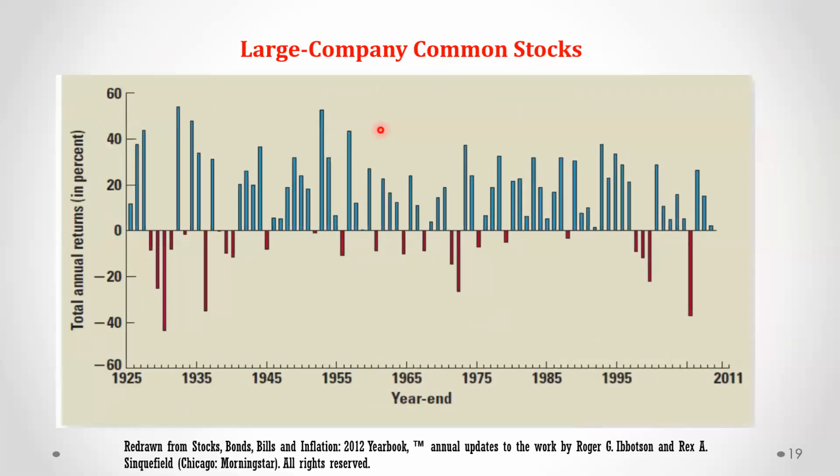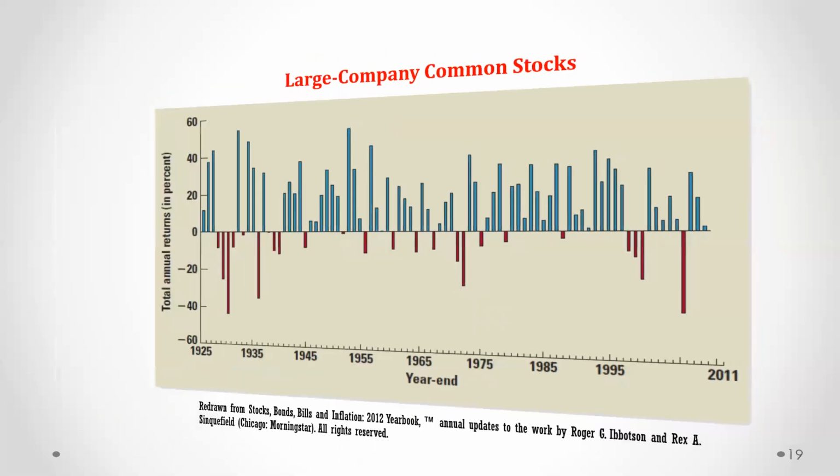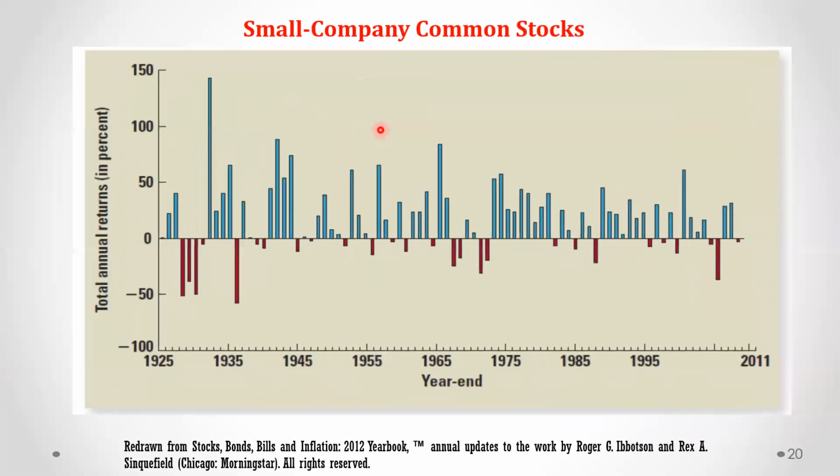And then common stock for large company is more risky than bond, so their return is also higher than the bond. And finally, the small company stock is the most risky one, so they should have the highest realized return or expected return.